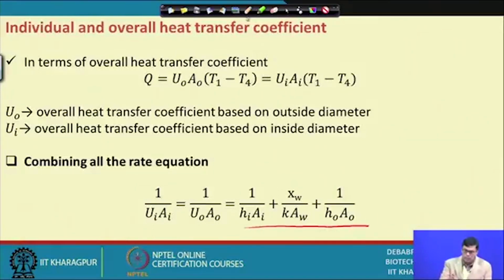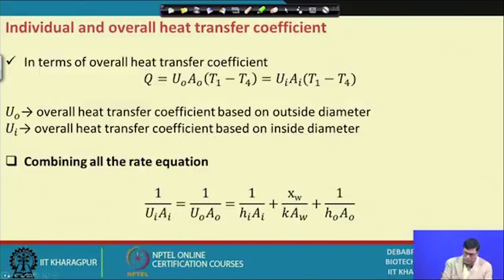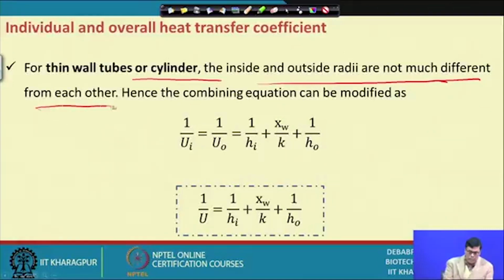This is the overall equation, and from that we can derive this equation. This is for thin tubes or cylinders, where the inside and outside radii do not differ much, and hence there is a combined equation.